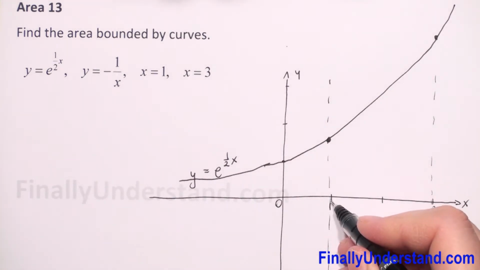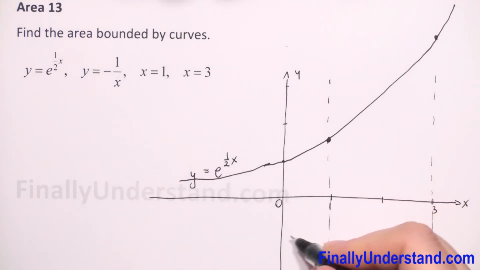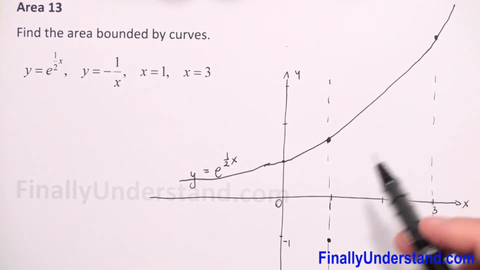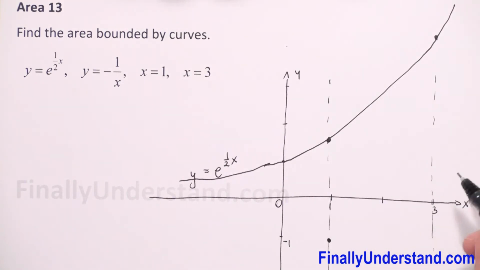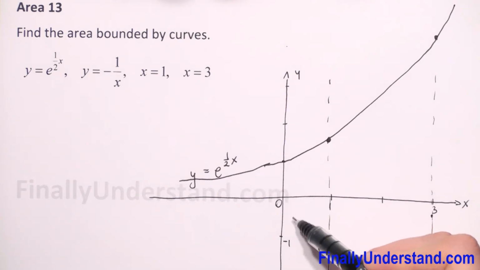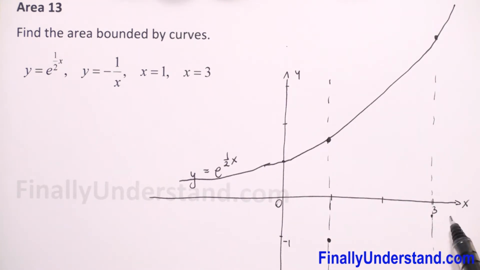For x equals 1, we will have -1. And for x equals 3, it will be -1/3. For 1/3, we will have the value -3. Something like this. This is our hyperbola.